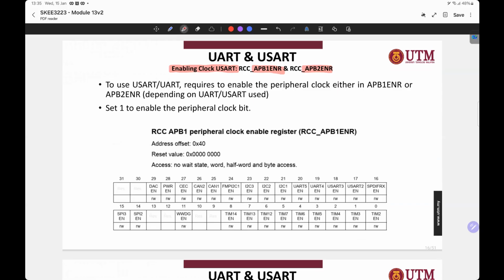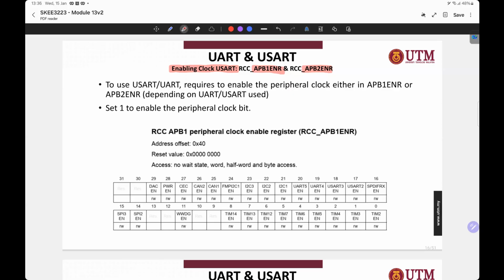To enable the clocks, you give 1. To disable, give 0. Now we're going to look at the APB1 ENR and the bits you need to focus on.